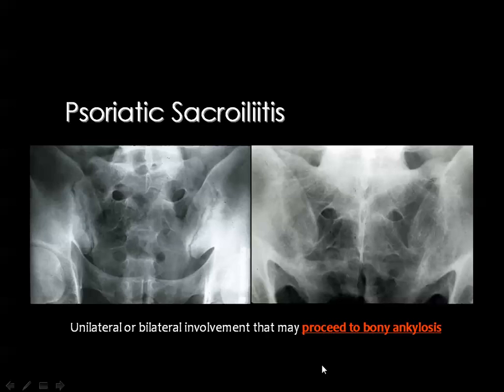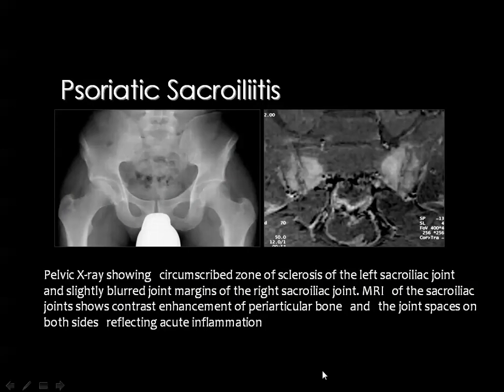Of course, you can easily discriminate between the changes of ankylosing spondylitis in the sacroiliac joints and the changes of psoriatic arthritis in the sacroiliac joints by the manifestations in the skin and nails in cases of psoriasis, and also the manifestations in the rest of the spine in cases of ankylosing spondylitis.